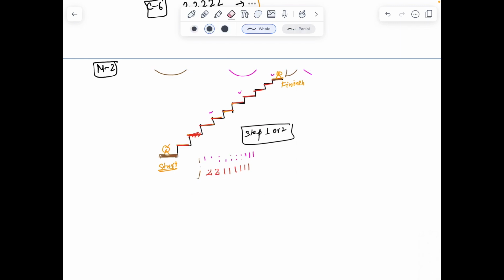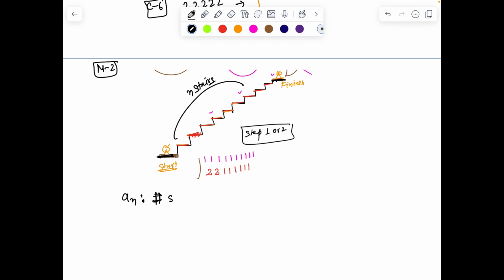Okay, so in this method, let's suppose an denotes the number of ways in which Golu can go from a starting point to finishing point, provided there are n stairs. Right, so instead of 10, first I'm generalizing the problem.